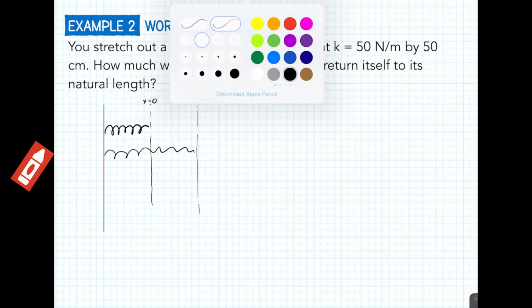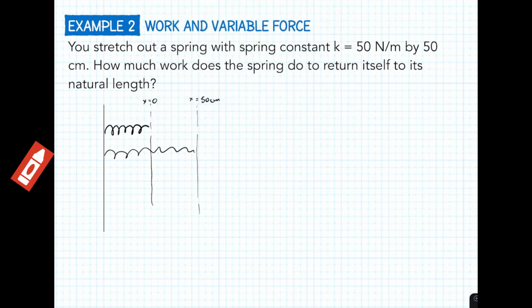What is the displacement? Which way does the displacement point? It points this way, but when we're looking at the actual problem, what is it asking for? It's going back to its equilibrium length. So we actually are talking about a displacement that goes this way. So this is our delta x.